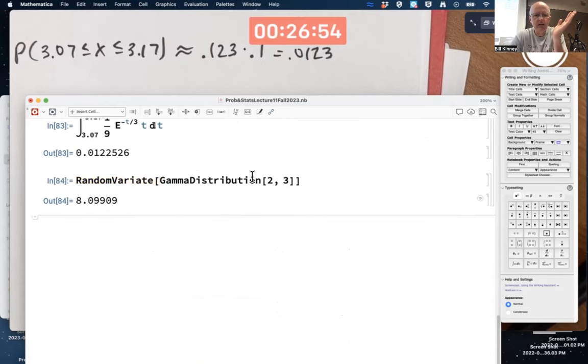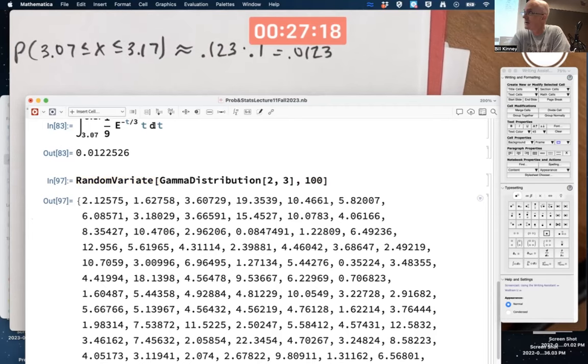Okay, it is working. When I enter this code over and over again, effectively Mathematica is sampling from this distribution, giving me statistical information in some mysterious way of numbers you would expect to get from this distribution. I keep entering that over and over again, and I keep getting different numbers. What if I just want to get a sample size 100 right away? There we go. I put a comma 100.